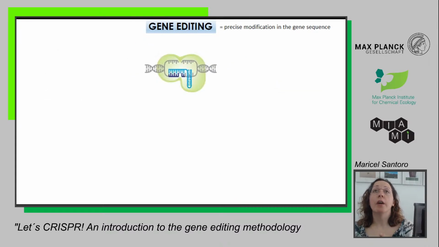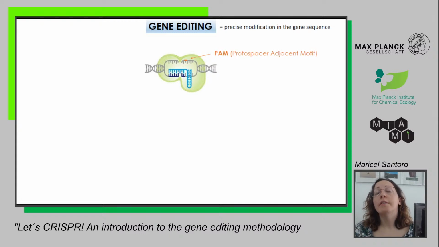Once it finds the target, the target sequence of the guide RNA assembles via homology to the DNA that we want to work on. The specific site is given by the target of the guide RNA and also by another specific sequence, which is the PAM sequence.